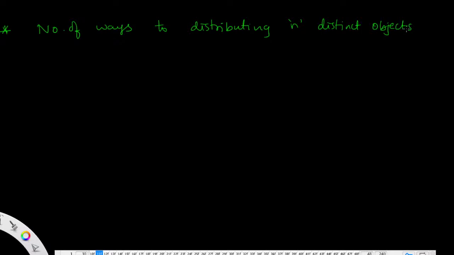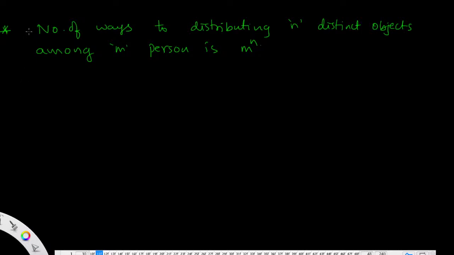The formula, if you have to remember, that is the number of ways of distributing n distinct objects among m persons is m to the power of n, when there is no condition to apply.